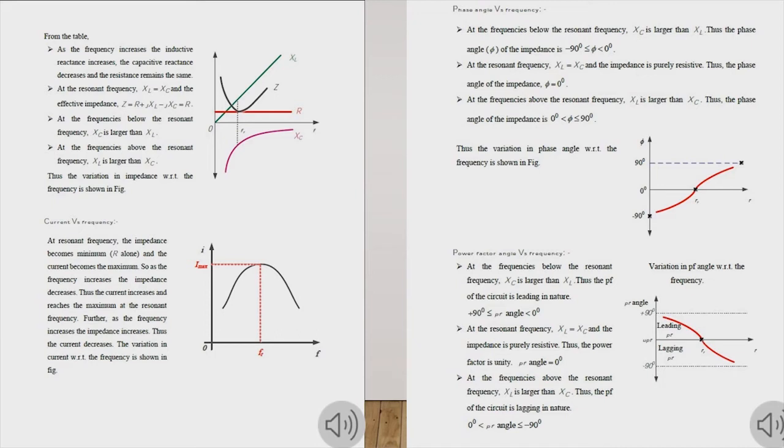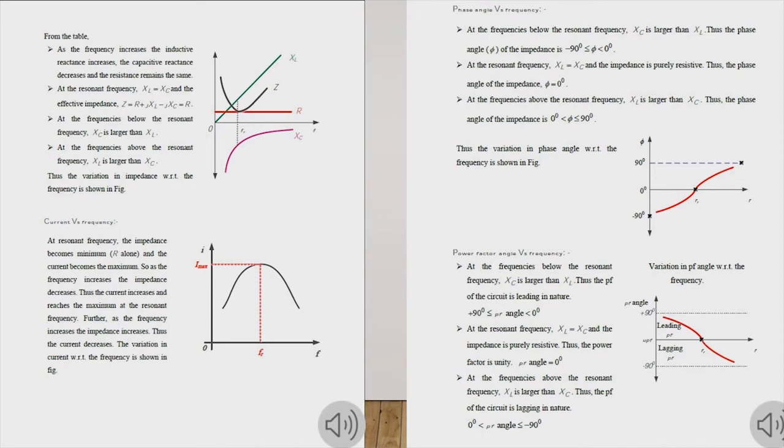At the frequencies below the resonant frequency, XC is larger than XL. Thus, the phase angle phi of the impedance is minus 90 degree less than or equal to phi less than 0 degree.